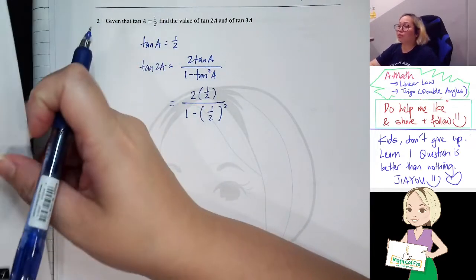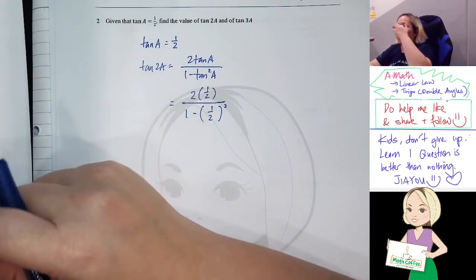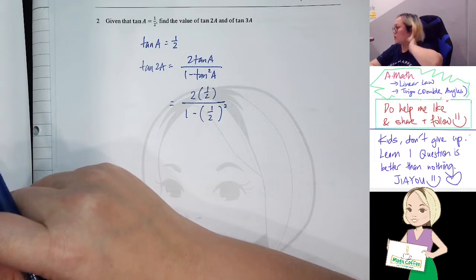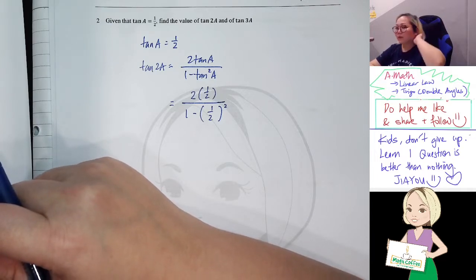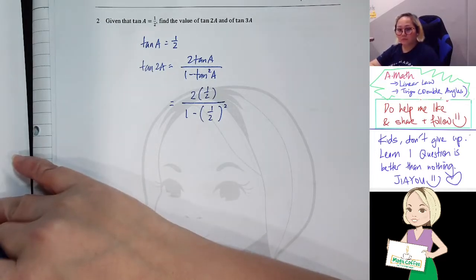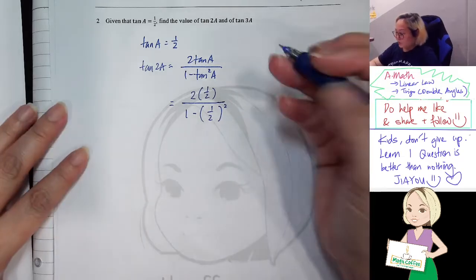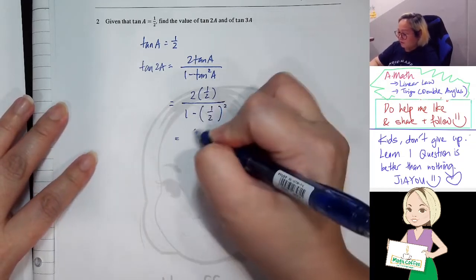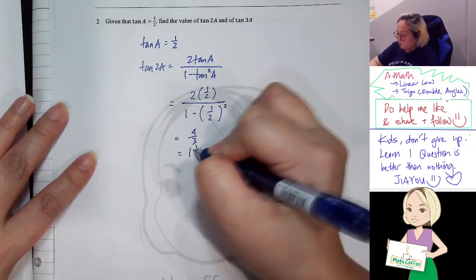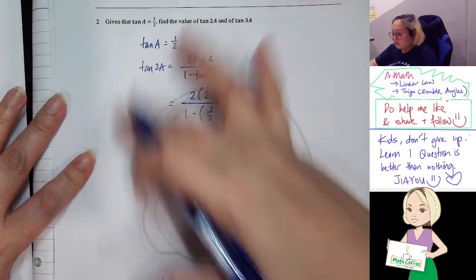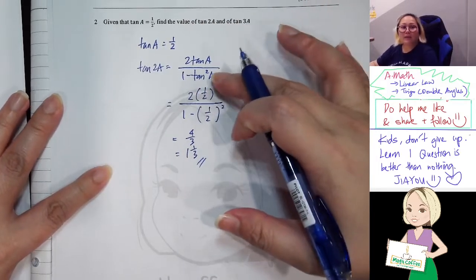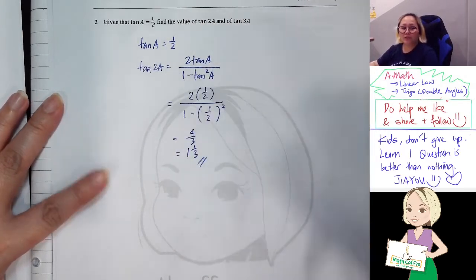Acute is 0 to 90. Obtuse is second quadrant, 90 to 180. So press the calculator, you get 4 over 3, which is 1 1/3. This one is very straightforward because it's just applying the double angle formula for tangent.